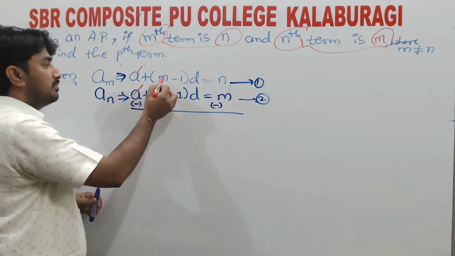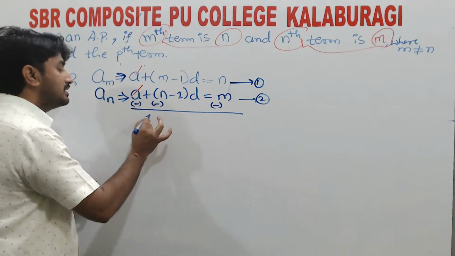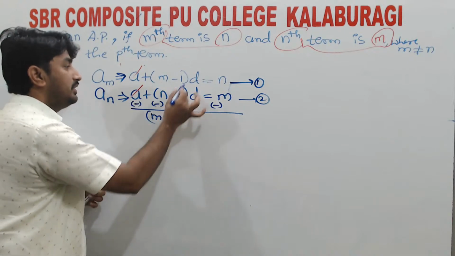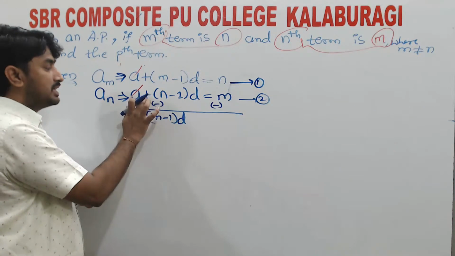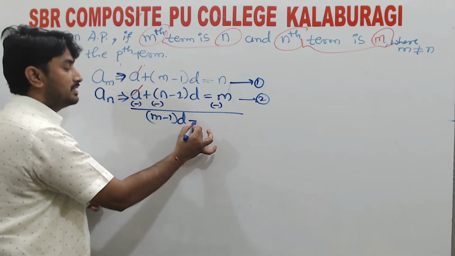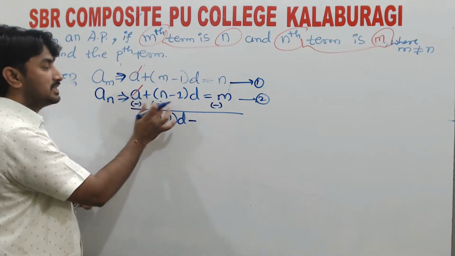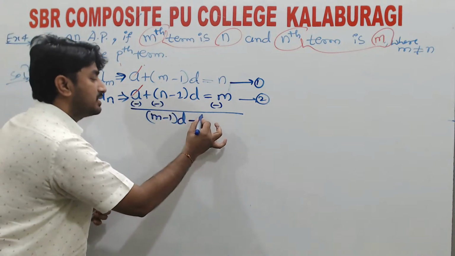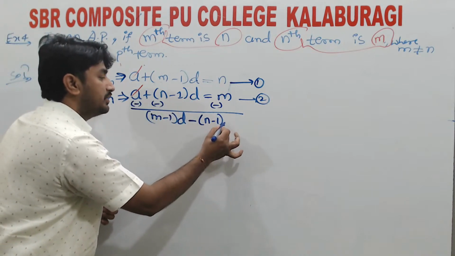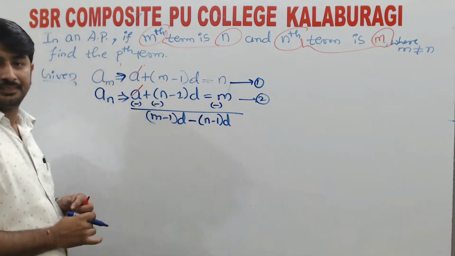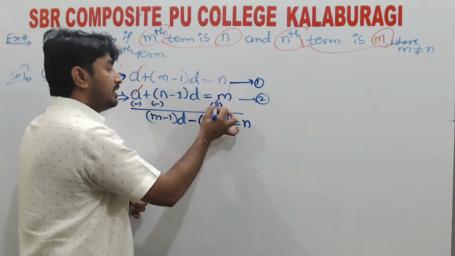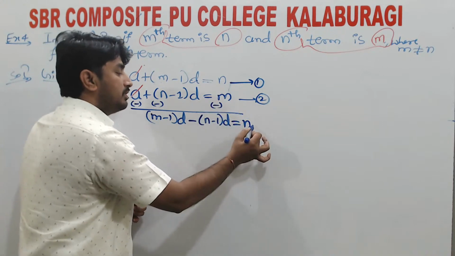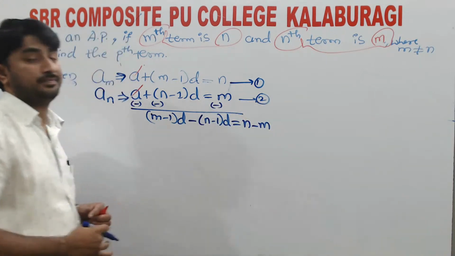What remains is m minus 1 into d, minus n minus 1 into d, equal to n minus m.